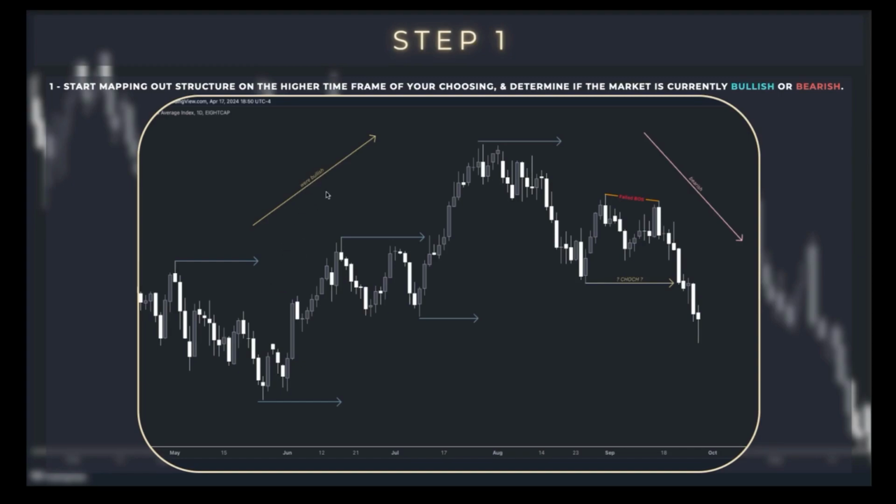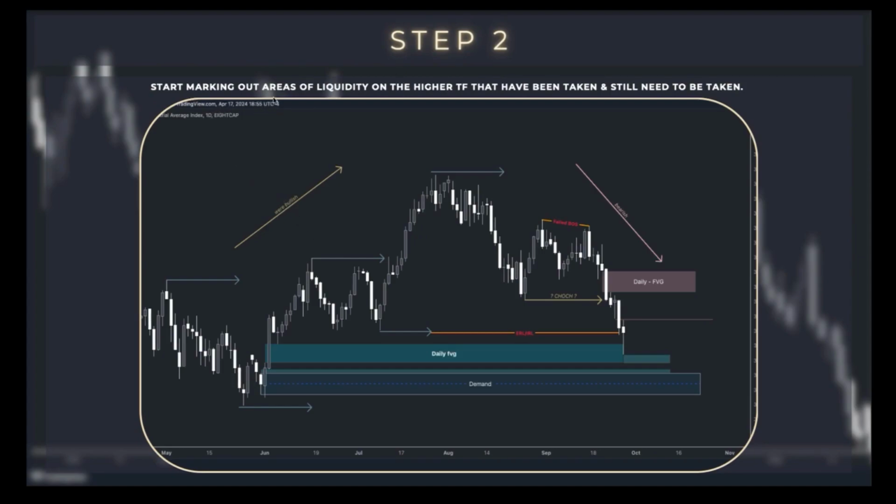So at first we were bullish, right, as you can see when I was marking out this ERL, and now we are bearish since we had failed break-up structures, especially one that didn't get taken out up here, and there seems to be a possible change of character. That is why I say mark out everything step by step, be as detailed as possible just to get an overall better picture. Step two, start marking out areas of liquidity on the higher time frame that have been taken out and still need to be taken.